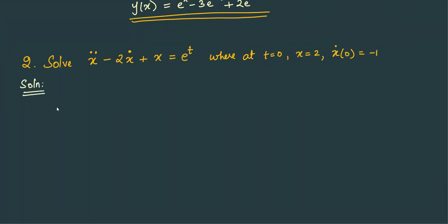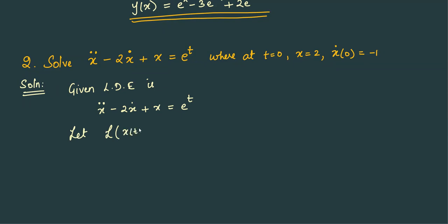Now let's look at the solution. So the given linear differential equation, x double dot minus 2x dot plus x is equal to e^t. Let the Laplace transform of x of t be x bar of s.